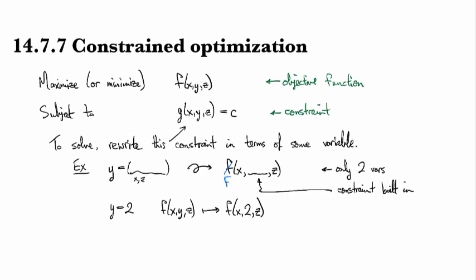Now what's going on here is that we might have something more complicated, but we can still substitute it in for y if we can solve for that variable in the given example.